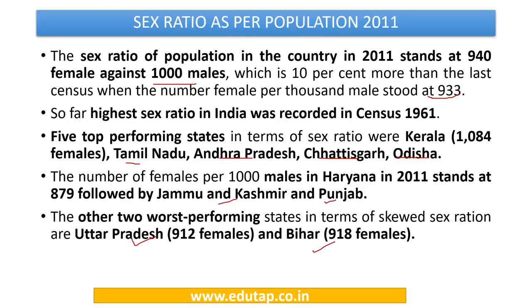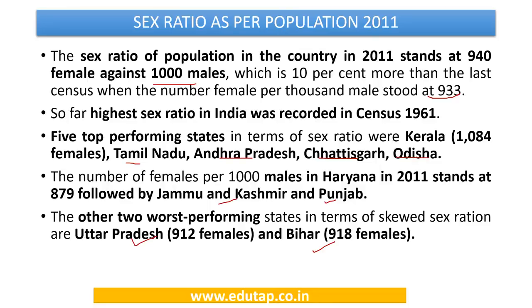So Kerala, Tamil Nadu, Andhra, Chhattisgarh and Odisha in general have a very high sex ratio, and on the other side of the balance are Haryana, Jammu and Kashmir and Punjab, which have the least. The other two worst performing states, also on the lower side, are UP and Bihar.